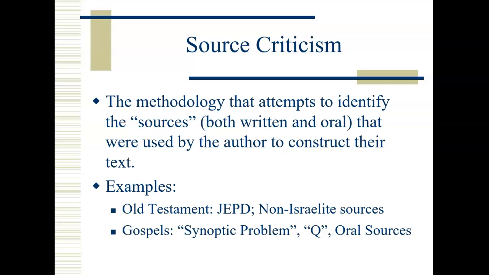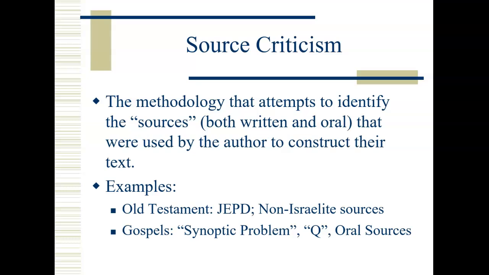We have Q here. This is a theoretical document, whether it was written or in oral form. There is material that Matthew and Luke share together, and the question is what was the nature of that source and how did they utilize that source?